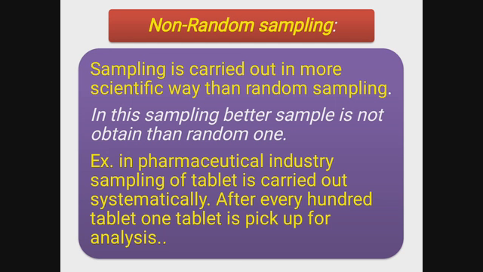The disadvantage of this method is that if the coming 10th tablet or 12th bottle is not the correct one, or is defective, then this method has a limitation. Because if this is of cyclic nature, after 10 times, after 20 times we are taking the sample, and if the selected samples are defective, then we will not get the perfect result. This is the drawback of this method.